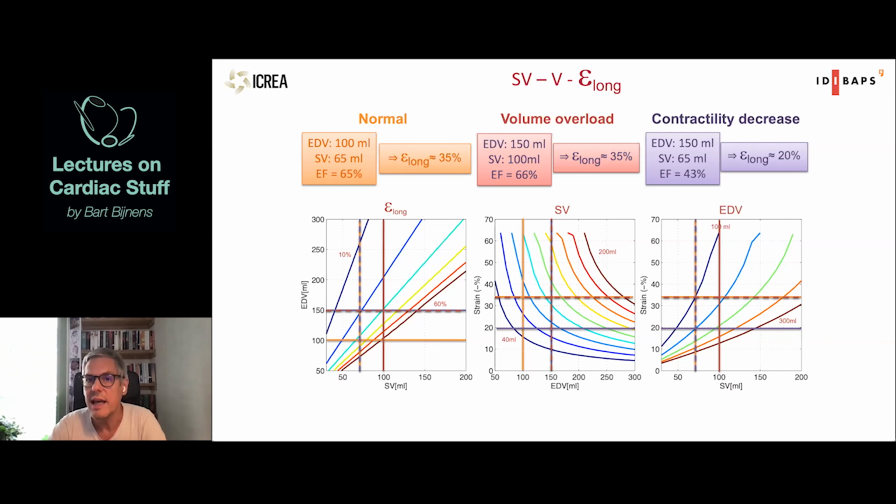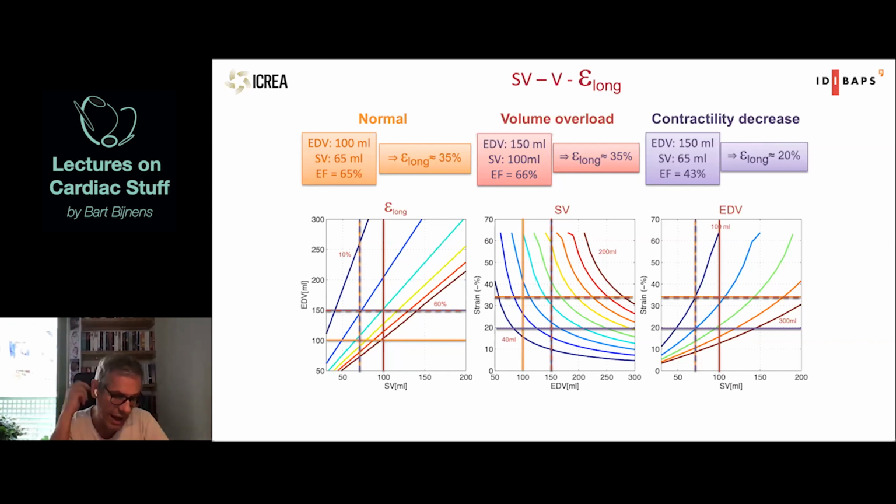So that's where you see that in these dilated ventricles, which are dilated because of problems with the myocardium, you see decreased strain and very often decreased ejection fraction, while in the volume overloaded one, you see bigger hearts, but with normal strains and normal ejection fractions. Sometimes you even get supernormal ejection fractions, but at least they shouldn't be decreased.